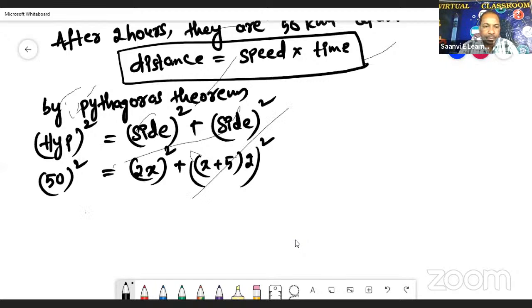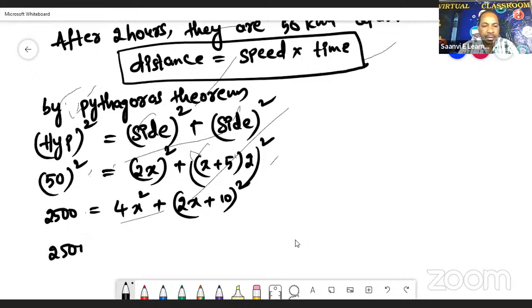Okay, so 50 square, 2500, is equal to 2x whole square, which is 4x square, plus first multiply this 2: 2x plus 2 5s are 10, whole square.